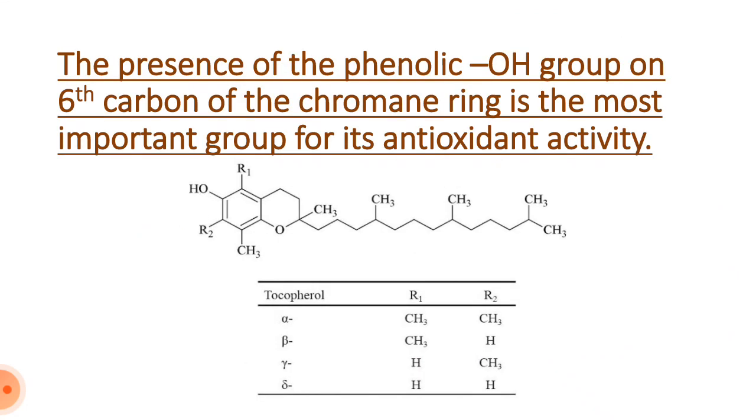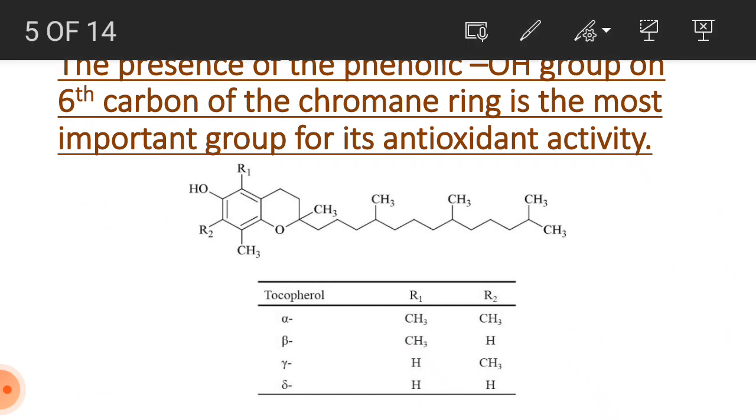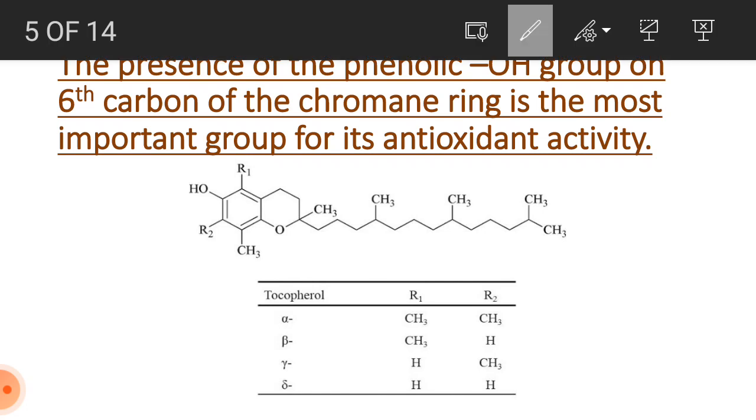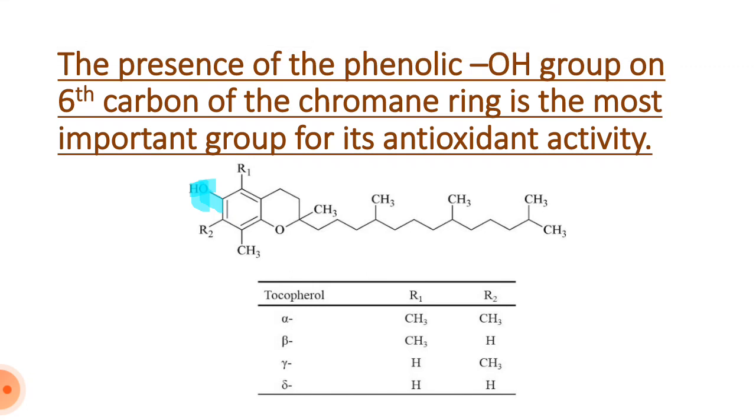Now we should know that vitamin E acts as an antioxidant, and this is mainly because of the presence of the phenolic OH group on the 6th carbon of the chromane ring. This carbon is responsible for giving tocopherol its antioxidant activity.